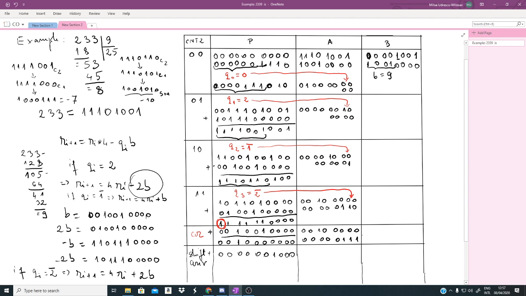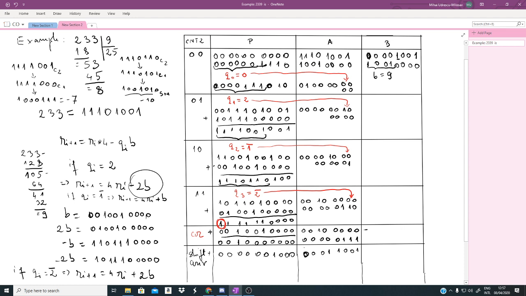And here we subtract, right, the part from downstairs from the part from the upstairs part, so it's 1, and then 0, 0, 1, 1, and then this is 0, 0, and 0.